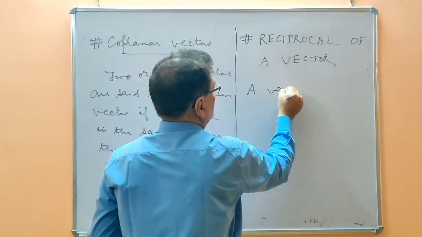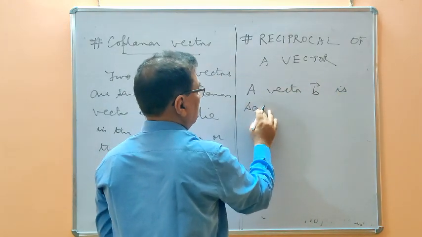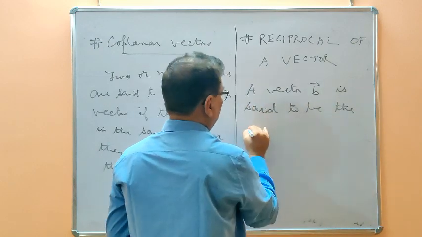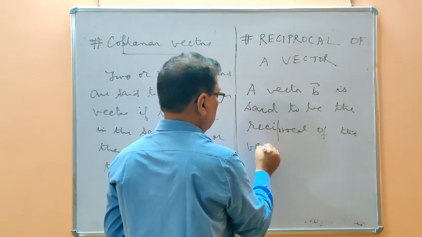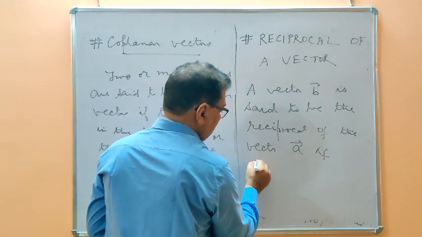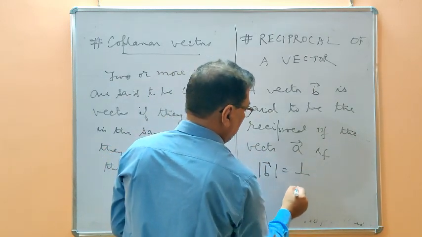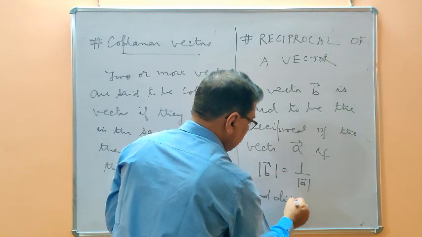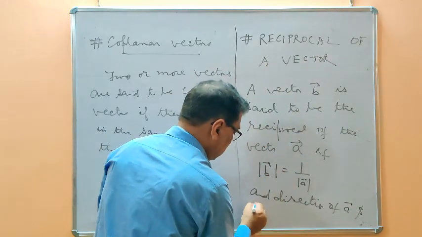A vector B is said to be the reciprocal of the vector A if magnitude of B is reciprocal of magnitude of A and direction of A and B are the same.